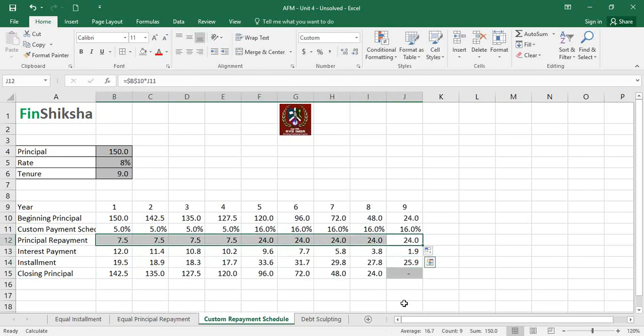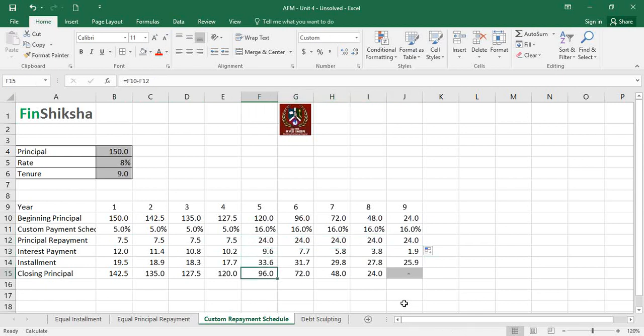So what we arrive at by doing this is we still repay the 150, but in the first 4 years the payment is lower, and in the subsequent 5 years the payment is much larger. One interesting thing we can see, once the closing principal becomes zero, is the total amount of payment we have made.